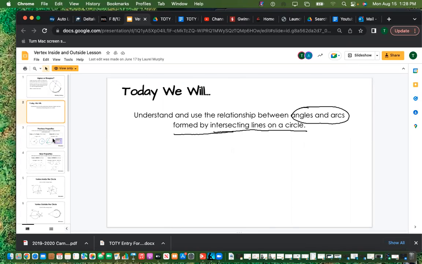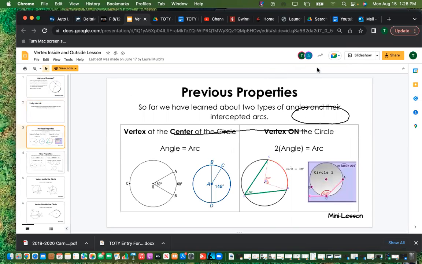Okay, so things that we talked about last week. You don't have to write this down unless you were not here last week. Previous properties: when the vertex is at the center of the circle, angle equals arc. So if the arc is 60 degrees, then the angle is going to be 60 degrees.